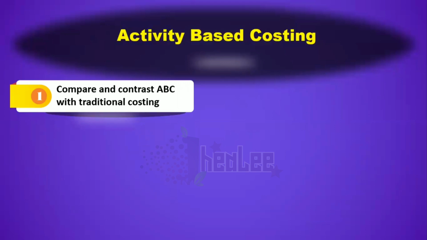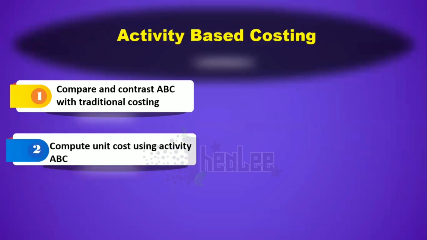So you should be able to compare the two. All right. Another area is you should be able to compute unit costs using ABC, which is activity-based costing. And definitely you should be able to calculate activity rates using a number of different cost drivers. And examples of cost drivers are machine hours, direct labor costs, etc. All right.